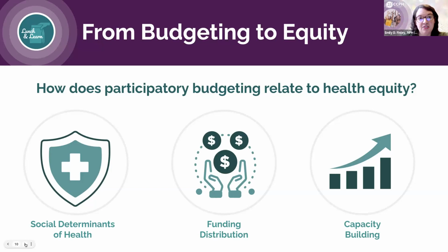These are all things that can be addressed through these processes. It also distributes funding and resources where it's most needed, and it builds capacity to address health inequities at the local level. So a lot of that capacity comes through partnerships that are built and sustained, and community leaders that are grown through these participatory budgeting processes.